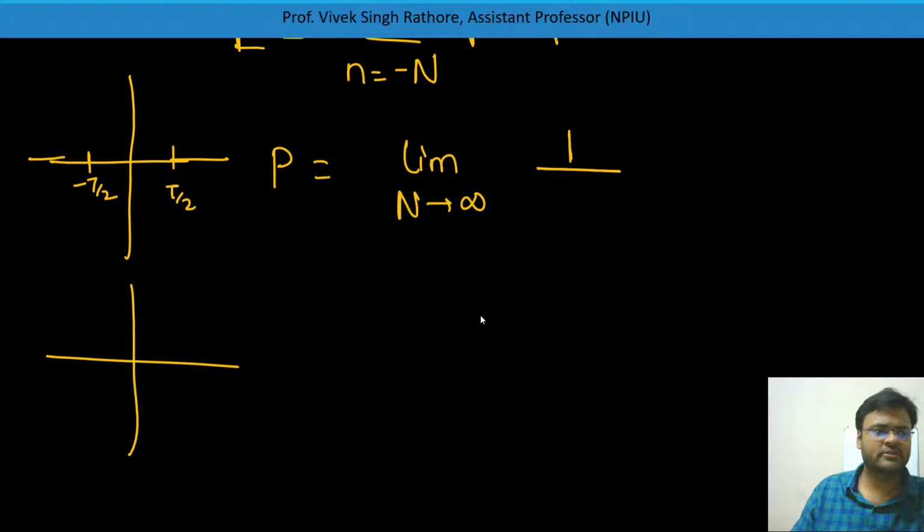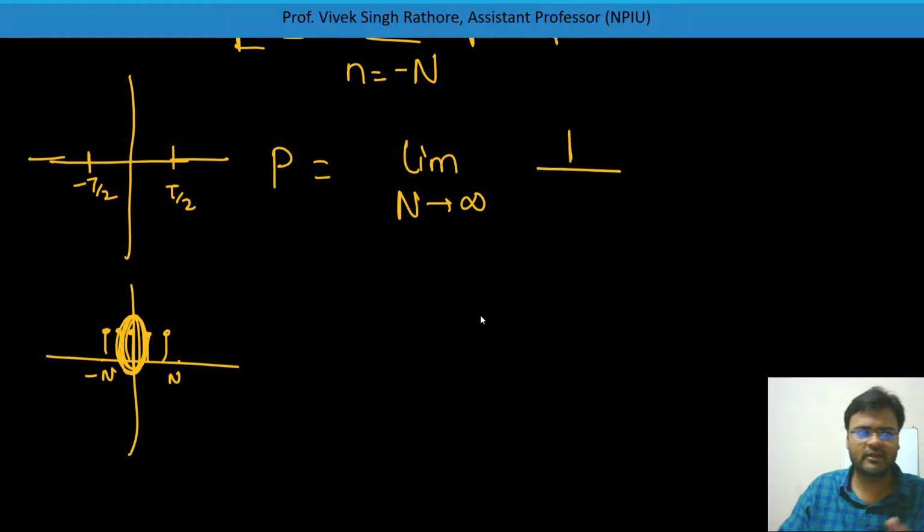For a discrete time signal, here some values are there, here some values are there. Let's suppose we take minus N to N values. We are taking minus N to N, but at 0 also some value is there. So what we need to do: here N values are there, here 0 to N values are there, means a total of 2N values are there, plus 1 at the 0 value.